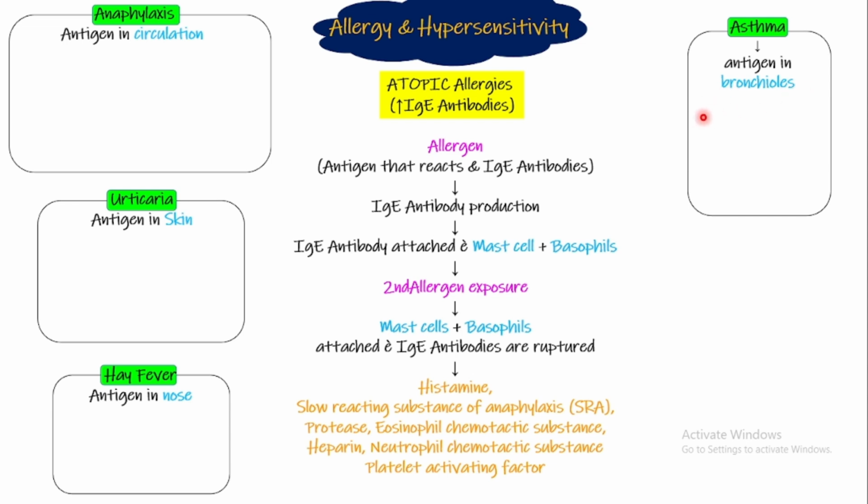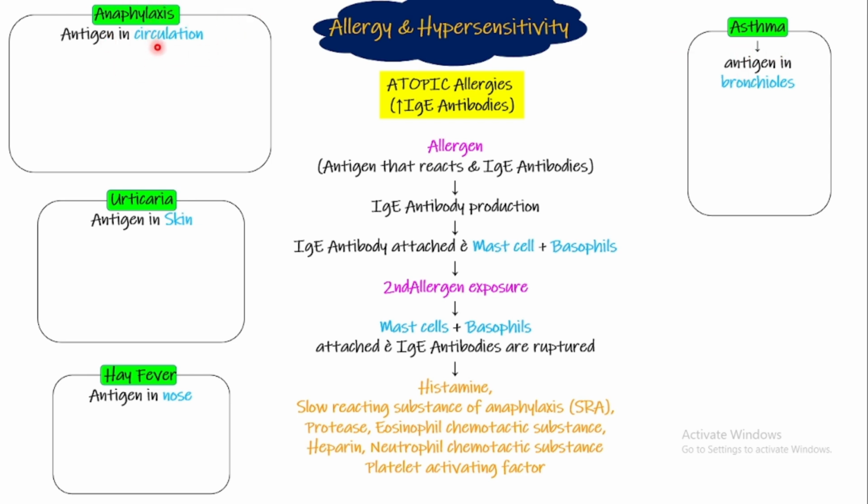The allergen goes and interacts with the bronchioles. In anaphylaxis, the allergen or the antigen is in circulation. In urticaria, the antigen is in the skin. In hay fever, the antigen is in the nose. So urticaria is related to skin, hay fever is related to nose, asthma is related to bronchioles, whereas anaphylaxis is related to circulation.